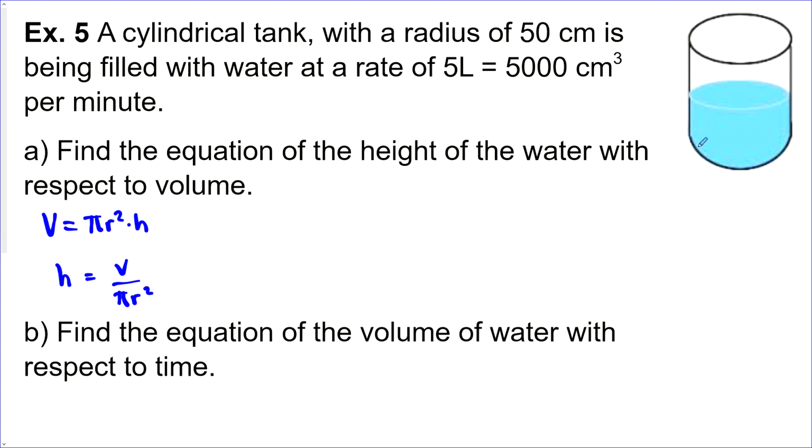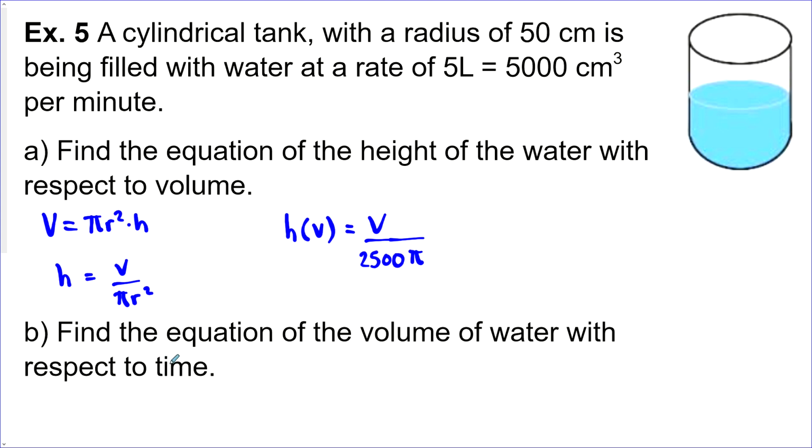No matter how much water is in here, the radius will always be 50 centimeters. So we can actually use 50 in place of r and get rid of that. So we've got h. Our variable here is going to be v. V over 50 squared is 2500 pi. And there's our equation, height with respect to volume.